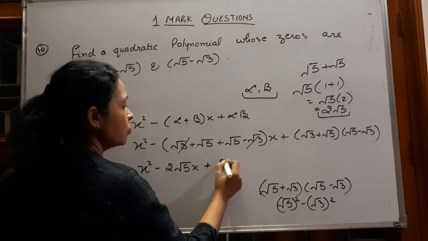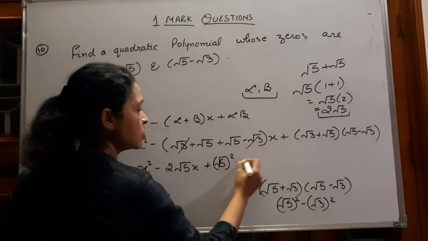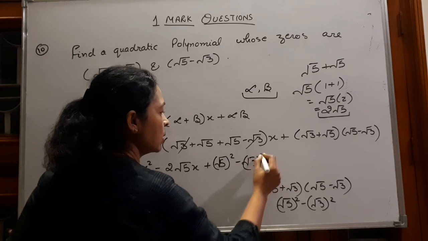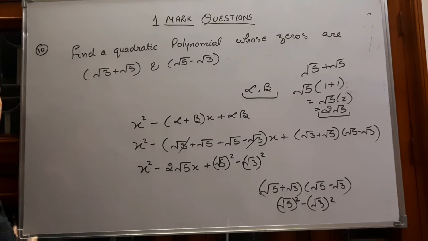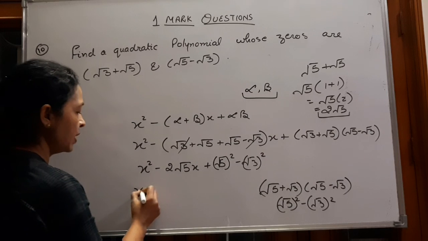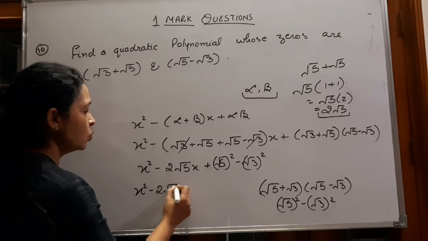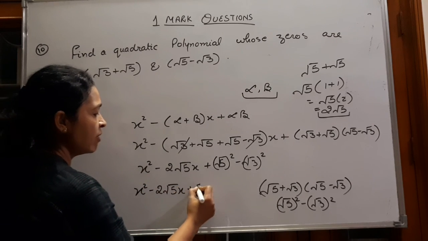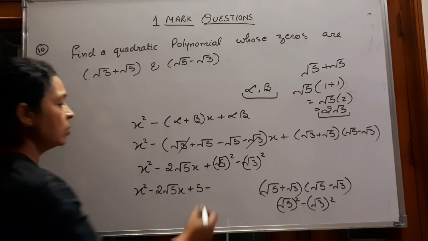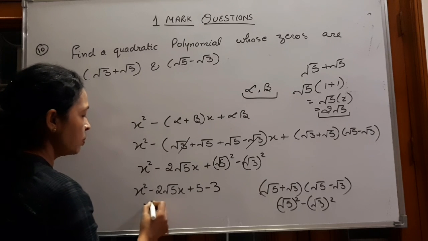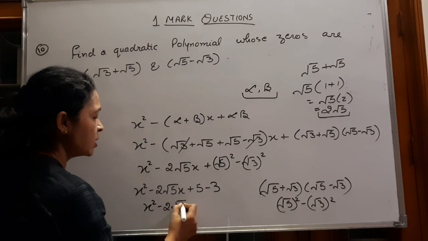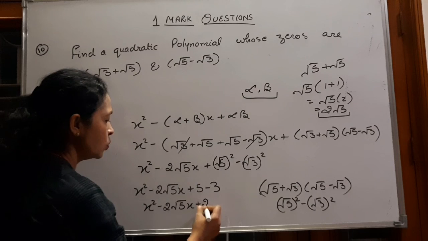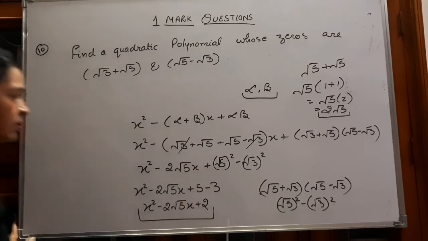Root 5 whole square, root 5 into root 5 is 5. We have x square minus 2 root 5x plus 5 minus root 3 into root 3, 3. So our polynomial is x square minus 2 root 5x plus 2. This is our final answer.